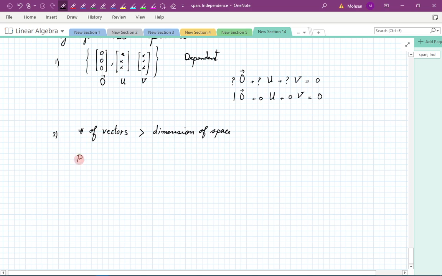Suppose I am in a two-dimensional world like R2, that's just X and Y. If you pick more than 2 vectors in this, they definitely become dependent.